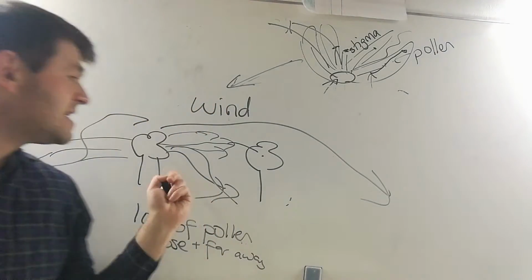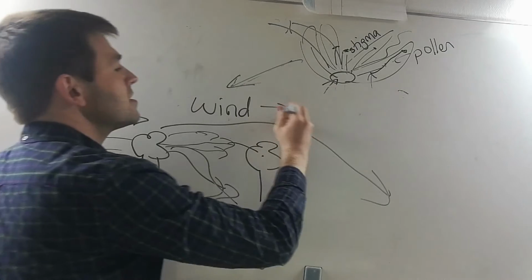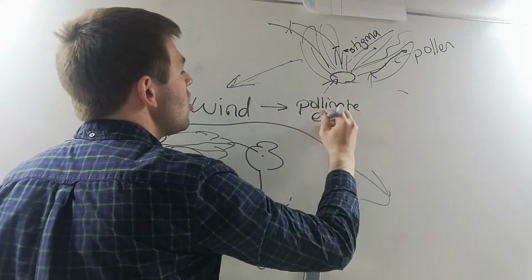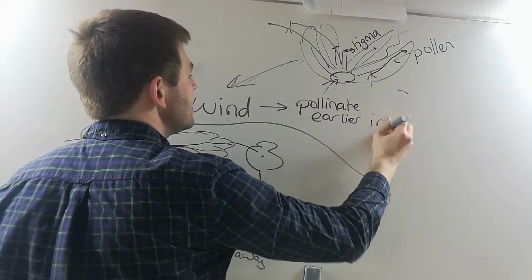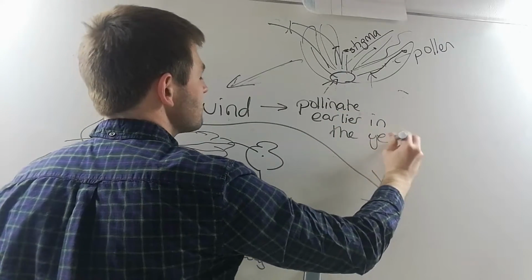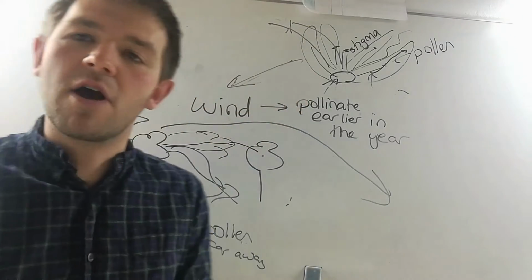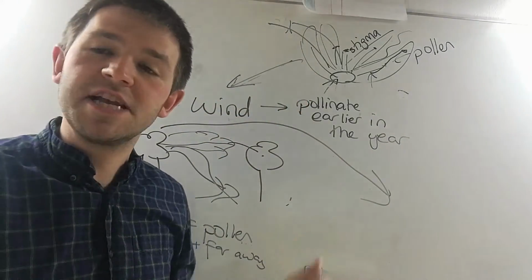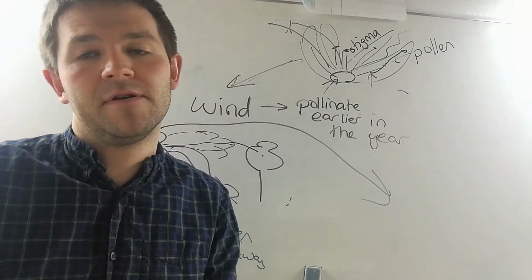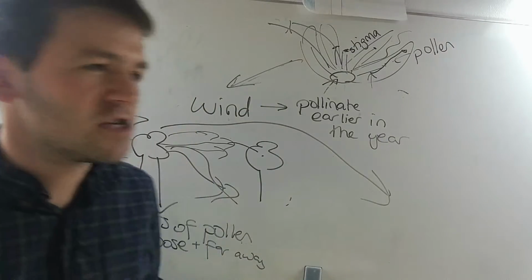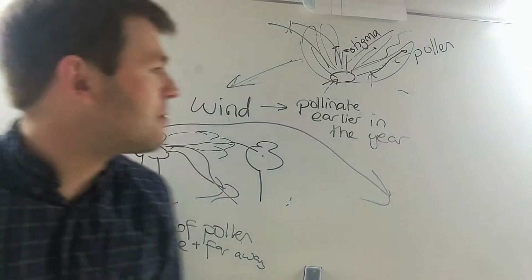Also, these plants here, these wind ones, they pollinate earlier in the year. They do it about this time now, in spring, because these plants need more time, because maybe they miss. They usually miss. So they need more time to try and find the right place.